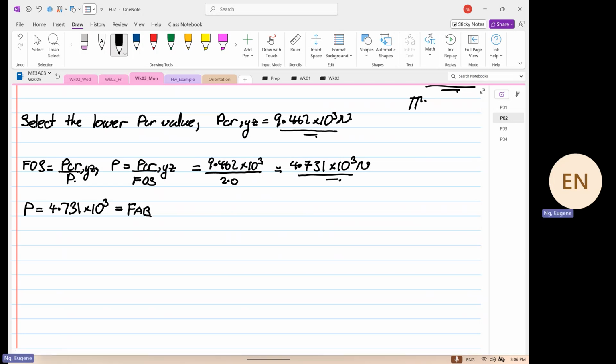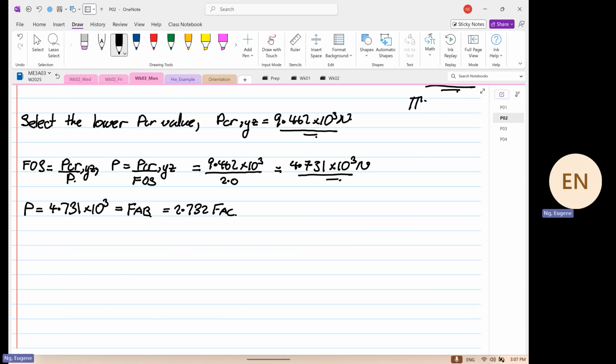Okay, this, in fact, is our FAB. And we did that relationship before. This is also equal to 2.732 FAC. Okay. So this question, what did they ask for? I can't remember. Okay. Determine the maximum mass.